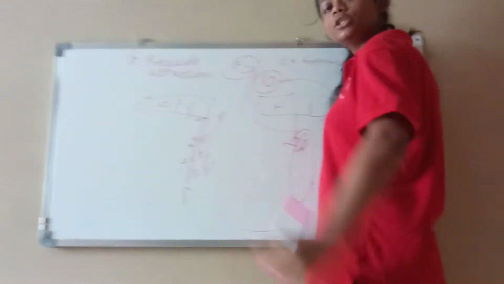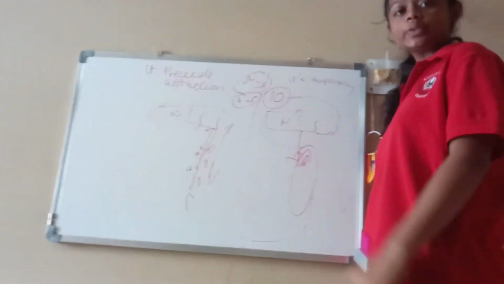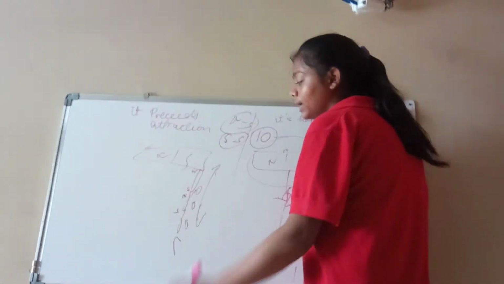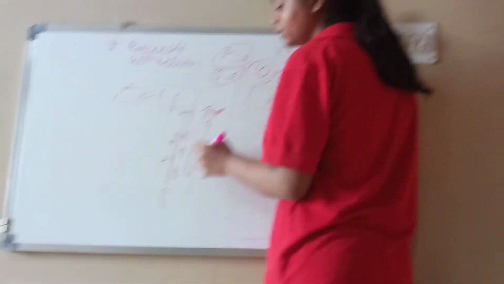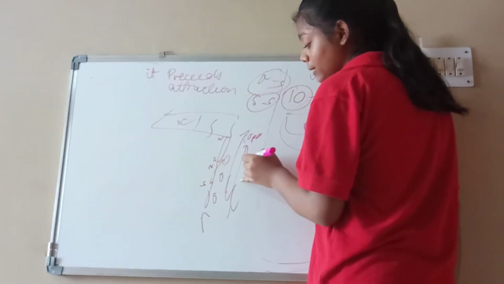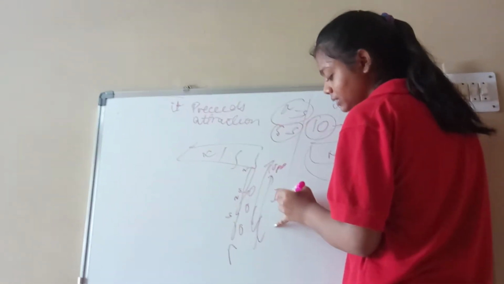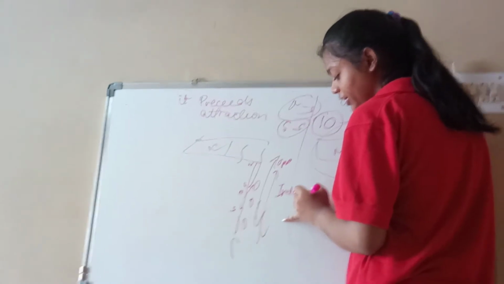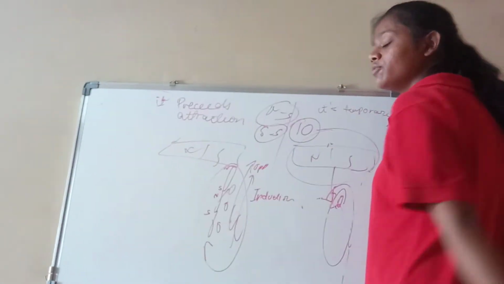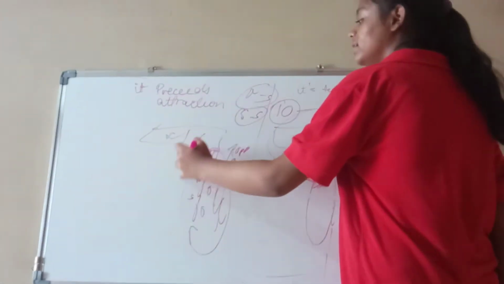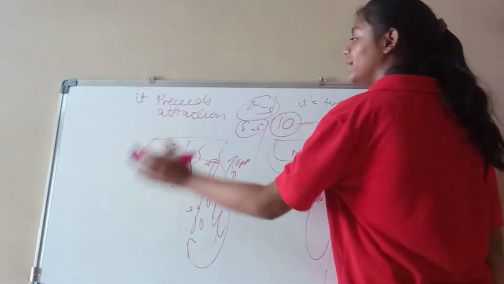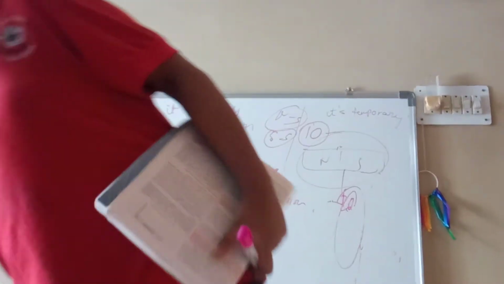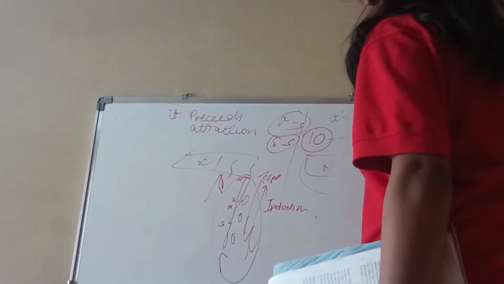If north attracts south, we can say they have opposite polarity, and if south attracts south, we say it has the same polarity. So with opposite polarity, they all attract each other. So it has induced magnetism, induction. So induction takes place first, and then it is attracted to the magnet. So induction precedes attraction.